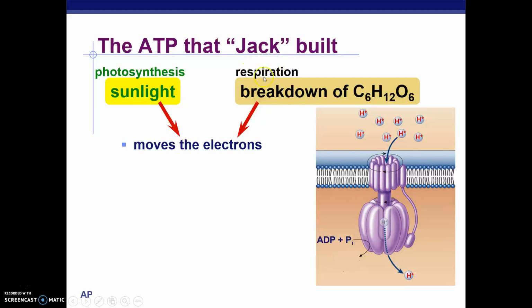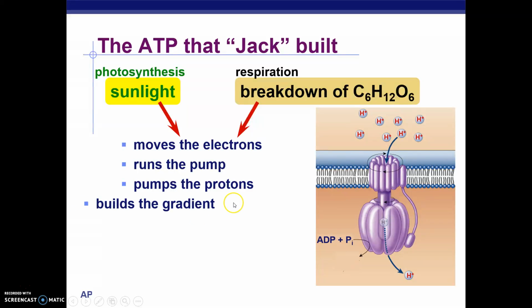In case of respiration, it's NADH and FADH2. When electrons are moved, those run the proton pumps, which will pump the protons across those membranes. In case of photosynthesis, it's the thylakoid membrane. In case of cellular respiration, it is the inner membrane.